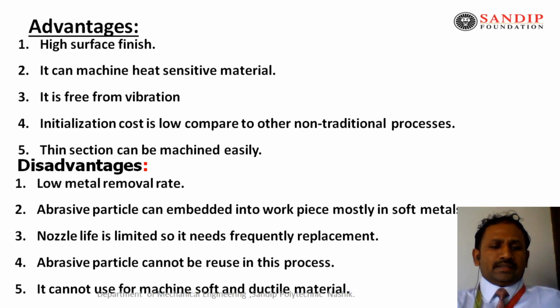So this is a disadvantage. And then last, it cannot be used to machine soft and ductile material because the abrasive material strikes the workpiece, so there may be chances of melting of the workpiece, so that's why it is not used for soft material or ductile material.